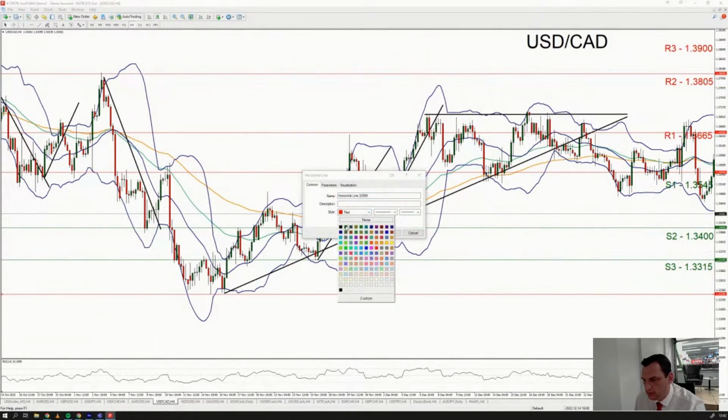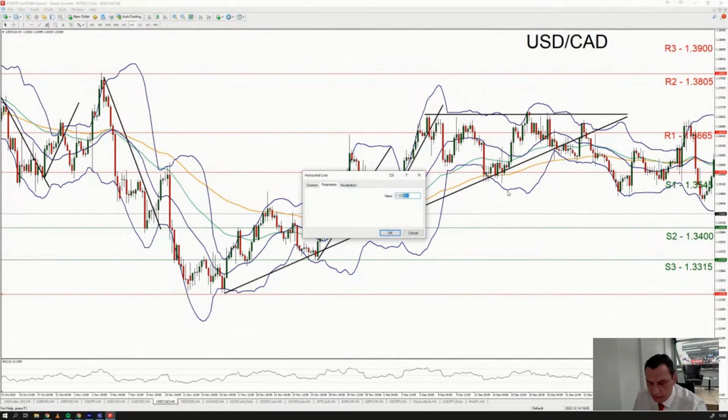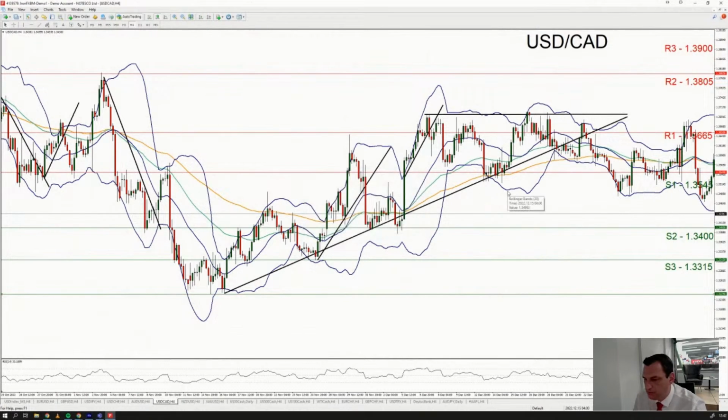In green, that would be the 1.3225 support line.